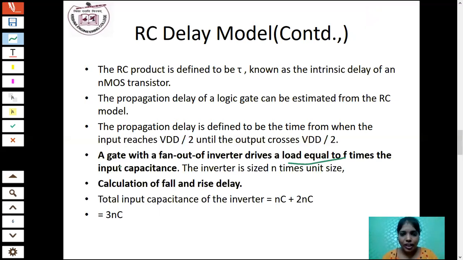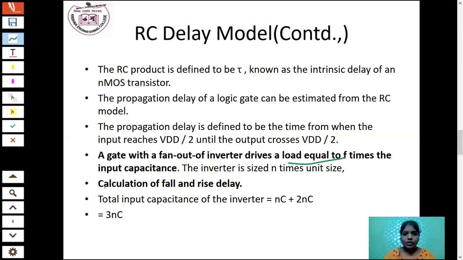To find the capacitance at the output, that is the load capacitance, I multiply the input capacitance by the number of gates, that is the number of devices you are going to drive from the inverter. In this way we find the load capacitance value.